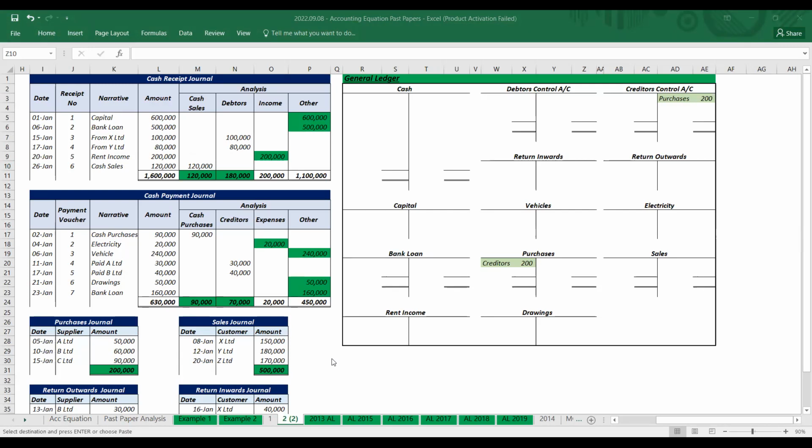Sales double entry is debtors account debit and sales account credit. There is a question why we can't put a stock account. No, we don't put it as a stock account when recording the double entry. We record it as purchases account.